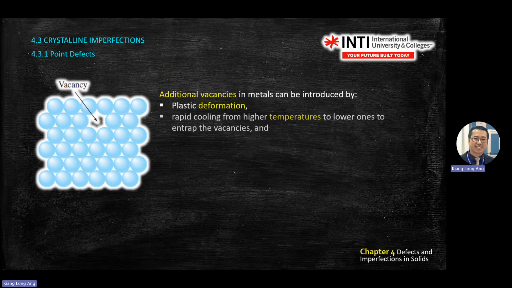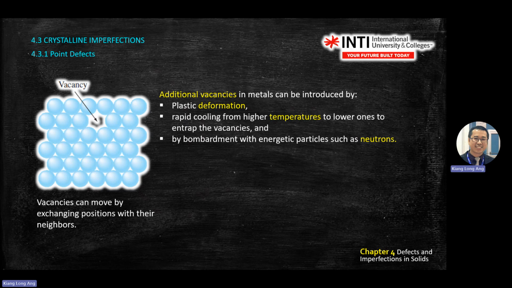So how do holes or vacancies appear more and more? It's through these 3 mechanisms. One, plastic deformation. What do I mean by plastic deformation? You pull the metal until it reaches the plastic region. Again, when we look back at the tensile graph, you have an elastic region, right?